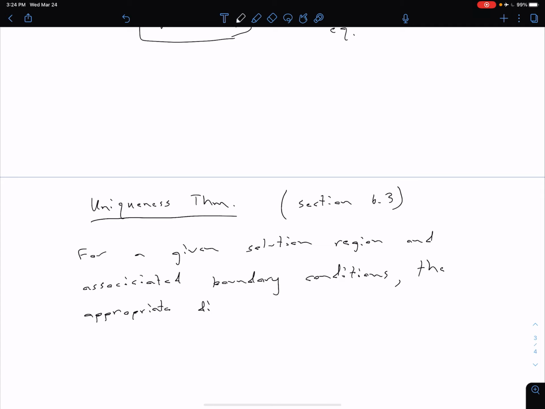So the appropriate differential equation will have a unique solution.